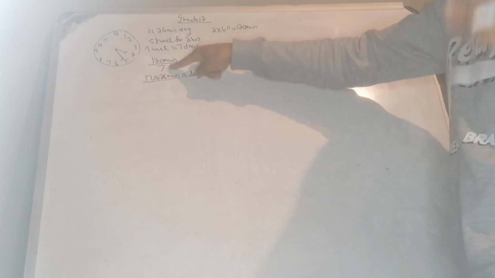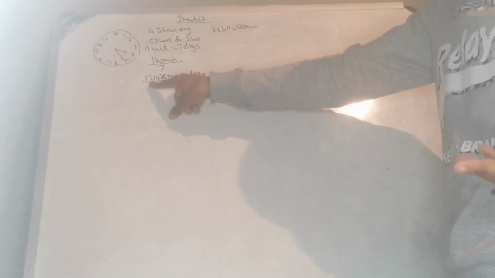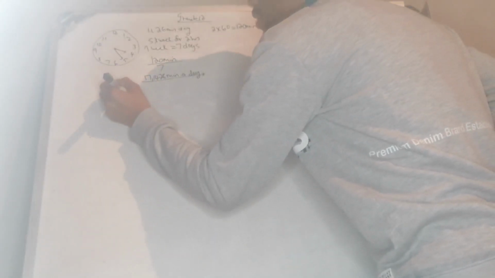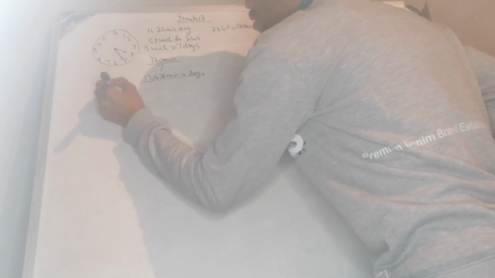How many days are there in a week? 7 days. We take that 120, we divide that by 7. So the statement is incorrect. Not true.